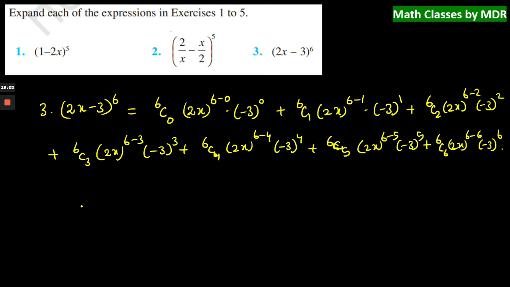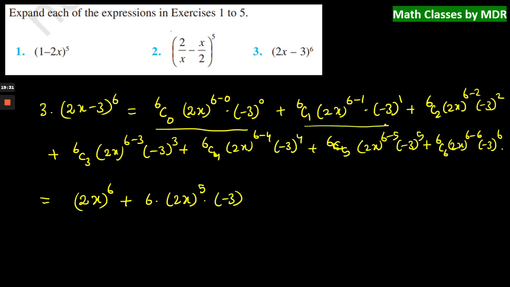Now let us try to simplify. Coming to the first term, 6C0 is 1, 2x power 6 into minus 3 to the power 0 is 1. So we have here 2x power 6, plus 6C1. 6C1 is nothing but 6. 2x power 6 minus 1 is 5. Minus 3 power 1 is minus 3. So that is the second term. Now let's see the third term.